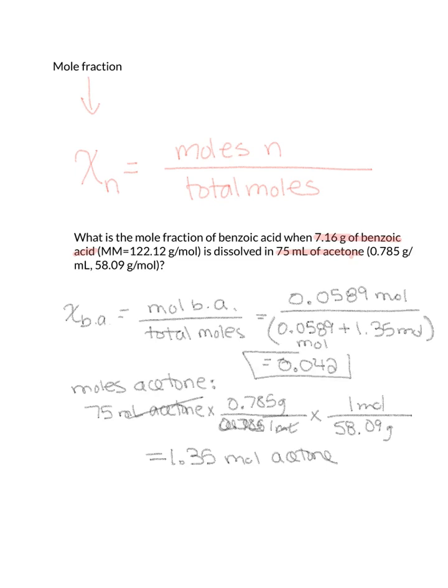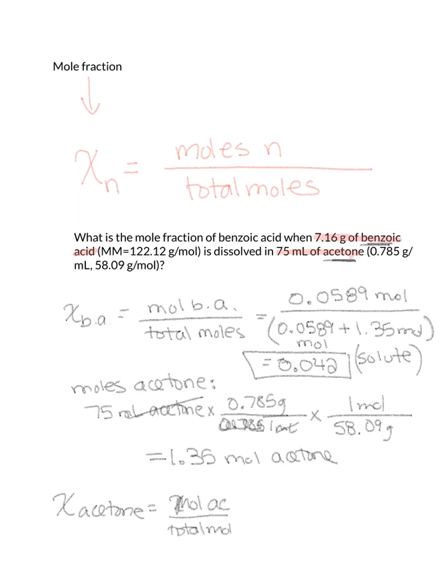So there's a very small amount of benzoic acid present, right? About 4%. That makes sense because that's the solute. By the way, I could easily find the mole fraction of acetone at this point. Why? Because the only two things that are there are benzoic acid and acetone. I could go through this whole process again, where I take the moles of acetone and divide it by the total moles.